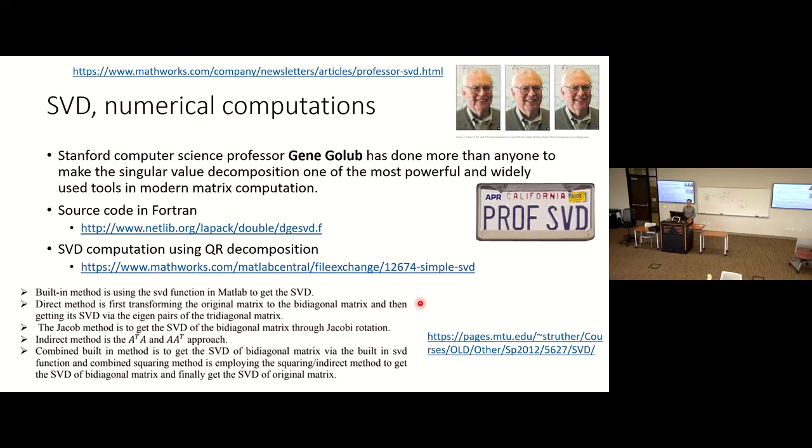So this is a contribution in the 1960s by Professor Gene Golub, a professor at Stanford. And this is his license plate of a car, Professor SVD. His contribution has been built into this Fortran source code as a foundation for the LAPACK package, and MATLAB is using this, and many other high-performance computer languages also.